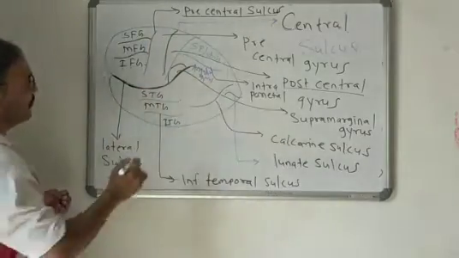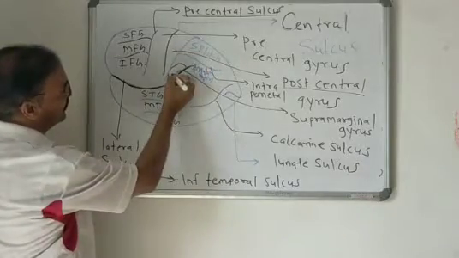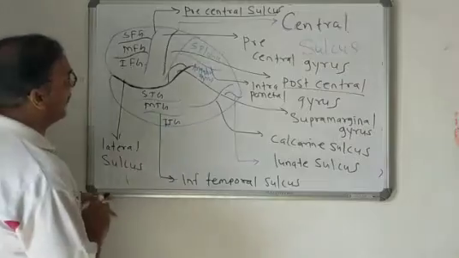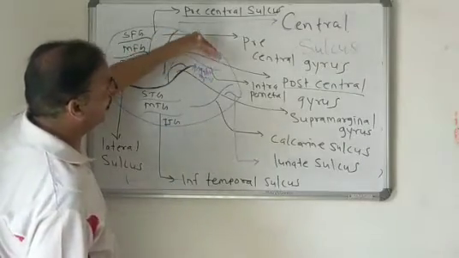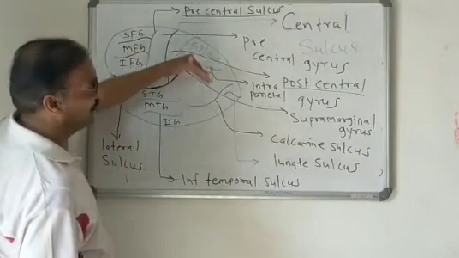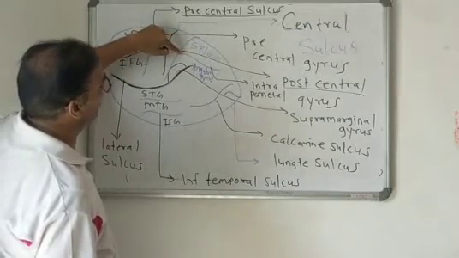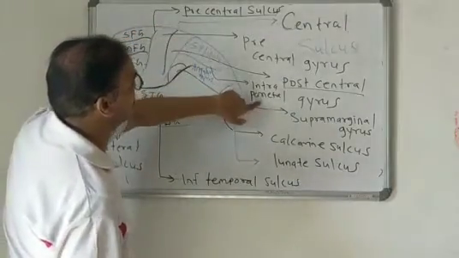Understand? Now from the post-central sulcus, a transverse sulcus originates. It divides the parietal lobe into two parts, the upper and lower. This sulcus has a special name, the intraparietal sulcus.